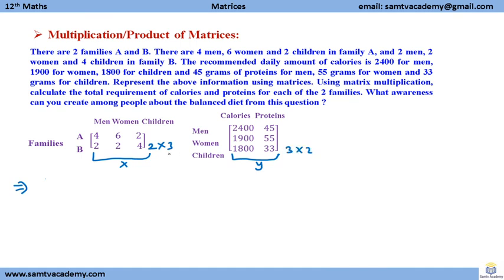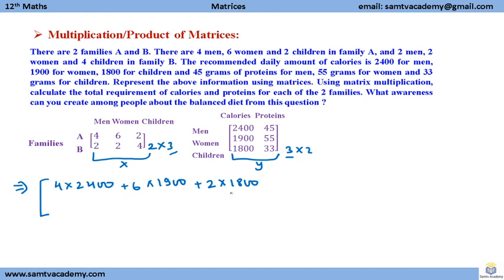Here the column count equals the row count, so the product is defined. And the order of the resulting matrix will finally be 2 by 2. So let's multiply. 4 into 2400 plus 6 into 1900 plus 2 into 1800.